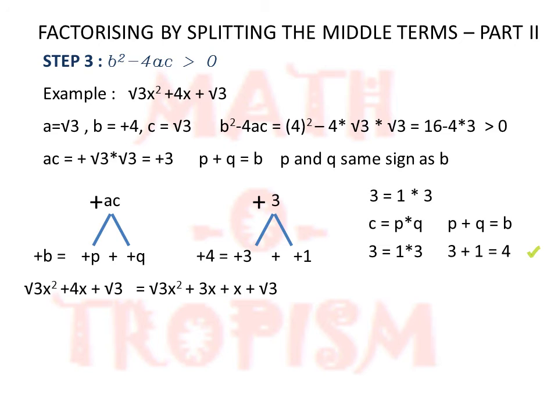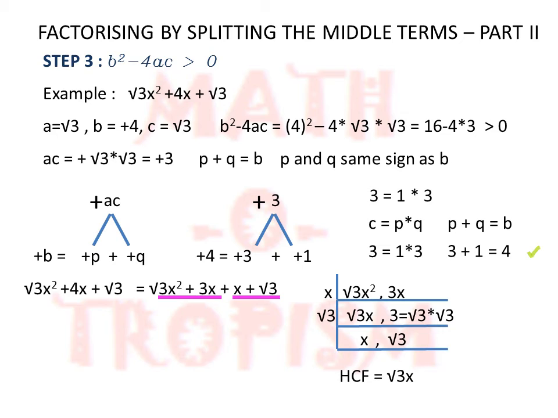So when I write root 3x square plus 4x plus root 3, it is coming to root 3x square plus 3x plus x plus root 3. So I need to take the HCF of the first two terms and the last two terms. When I take root 3x square plus 3x, I find that x is common.